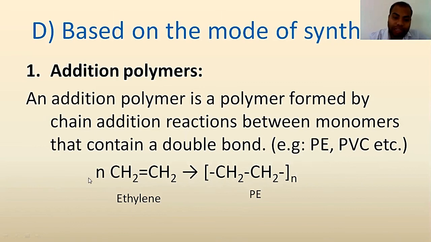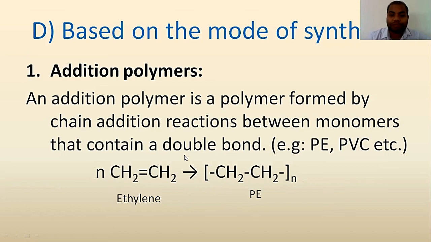So here the n indicates the number of molecules. If we put 10 ethylene molecules, we are going to get a molecule with 10 ethylene units, so in total 20 carbons will be there in this polyethylene structure.